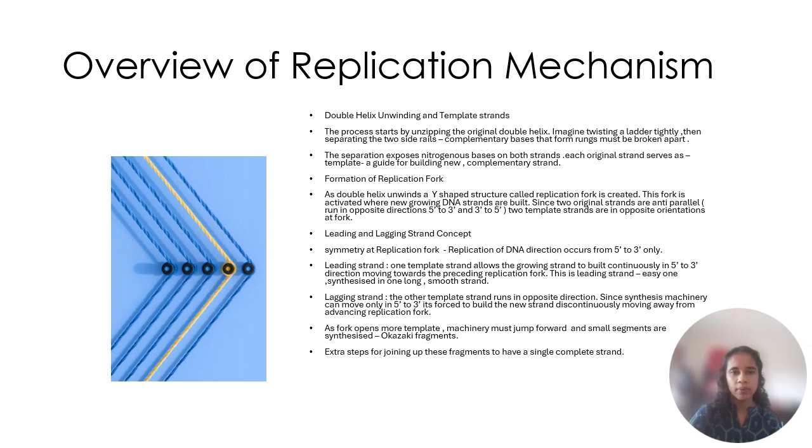You have transient pieces of DNA called Okazaki fragments at the growing replication fork. About 1000 to 2000 nucleotides are generated in bacteria, the prokaryotes. For eukaryotes, around 100 to 400 nucleotides are generated.